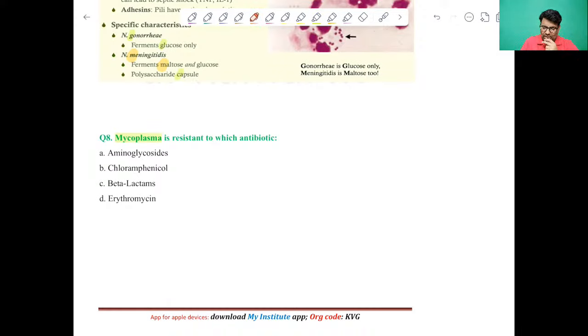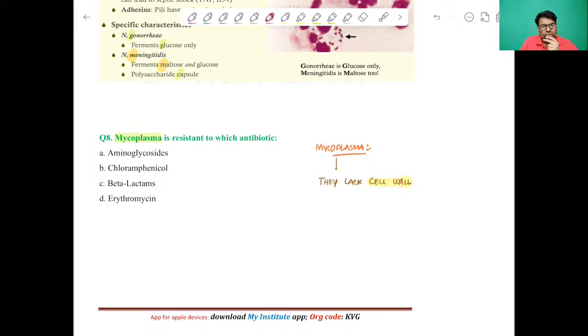Then next question, Mycoplasma is resistant to which antibiotics? So here one should remember one important fact about Mycoplasma, that they lack cell wall. Clear? They don't have a cell wall. Now there are two, very good Dr. Kanaya, very good, beta-lactams.